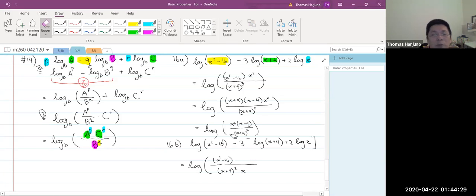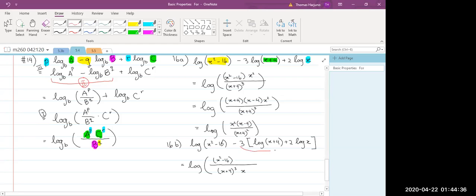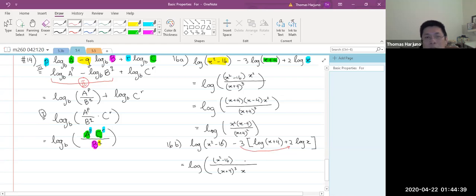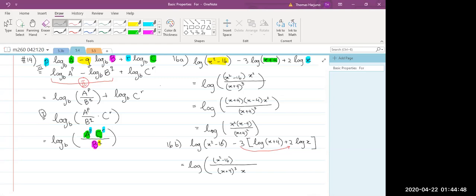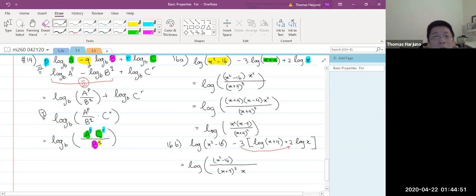The 3 is outside of the bracket, so it becomes -6 log x. Is it right? So you will have x to the 6 now at the bottom.